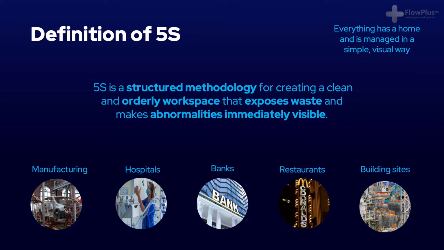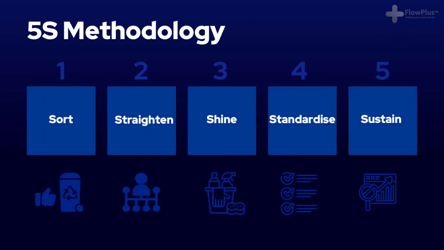I've seen 5S applied in hospitals, building sites, restaurants or banks. 5S is called 5S as it stands for the 5 steps in the process, all starting with the letter S. The 5 steps are sort, straighten, shine, standardise and sustain. We'll now go into details on each of these steps.